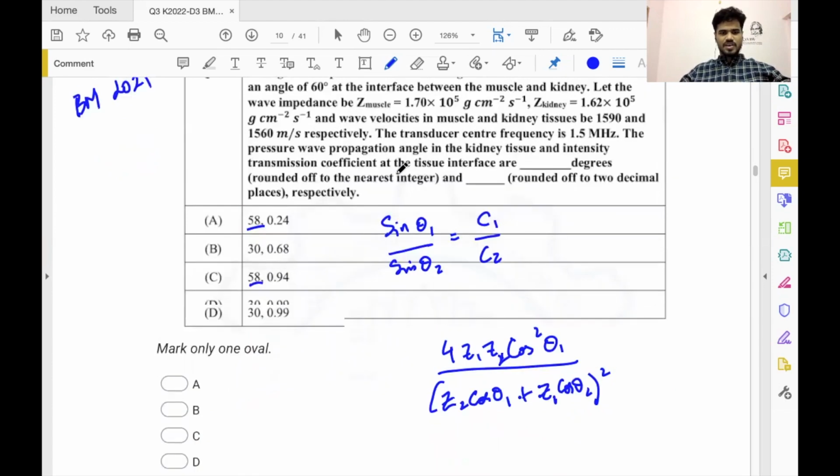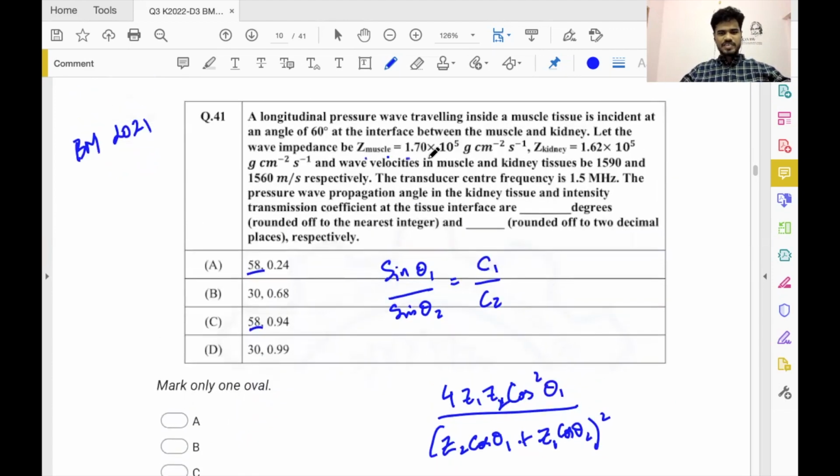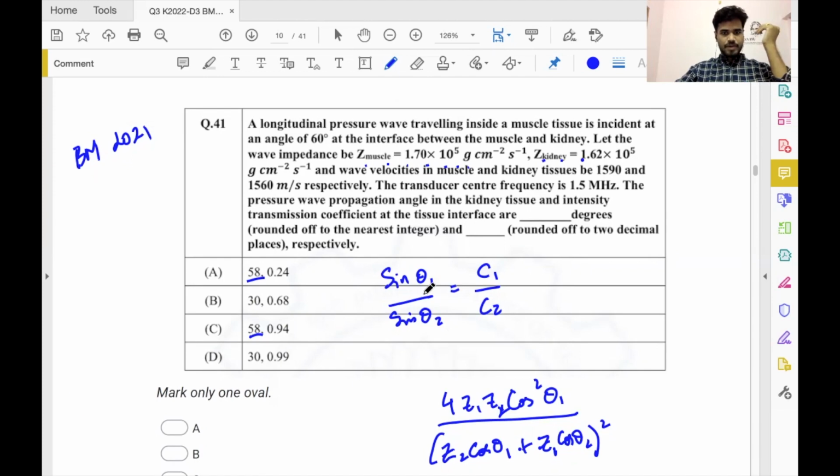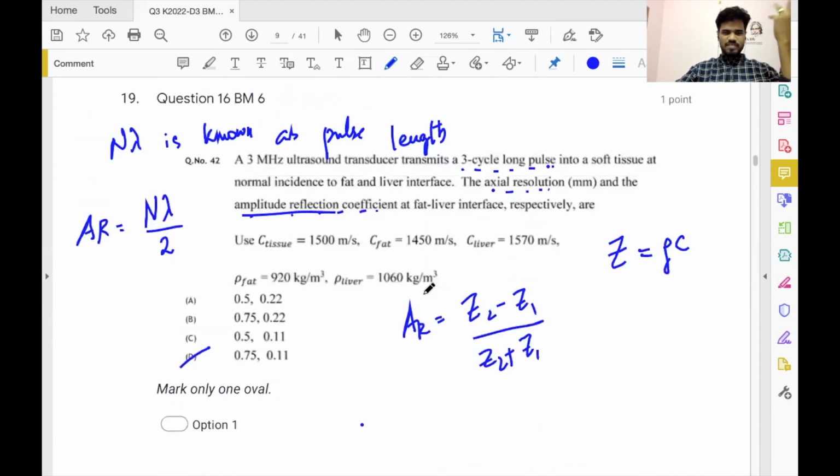Again, in this case we are directly given impedances. So remember this. The only way they can modify this question, one of them I already said: they can ask you for pulse length instead of axial resolution.